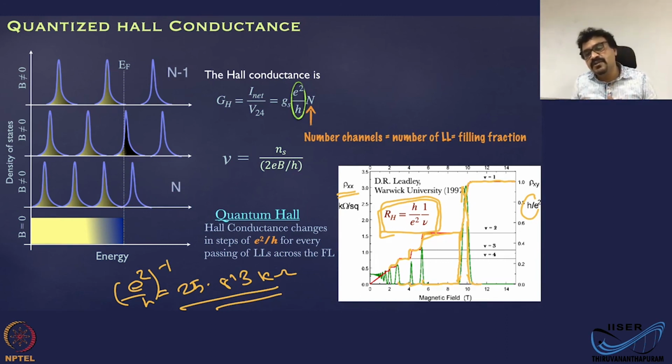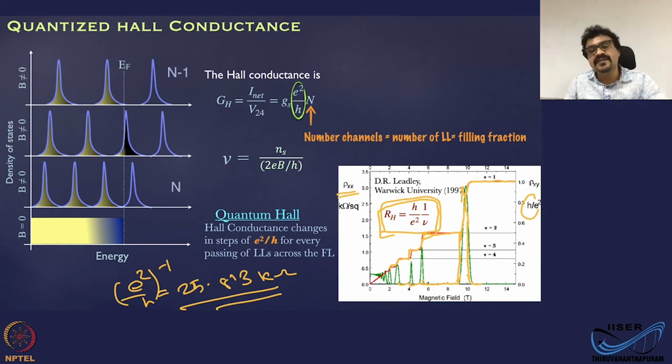So this Shubnikov-de Haas oscillation effect and the quantum Hall effect are actually the same effect, two sides of the same coin, because of the same reason. But Shubnikov-de Haas oscillation you will see whenever there are Landau levels crossing, whereas the quantum Hall effect you will see only in 2D systems.